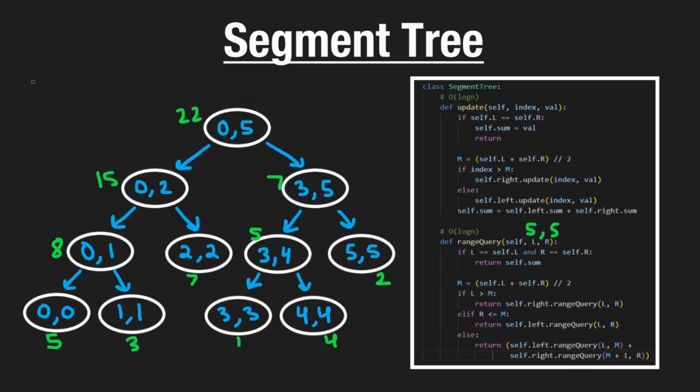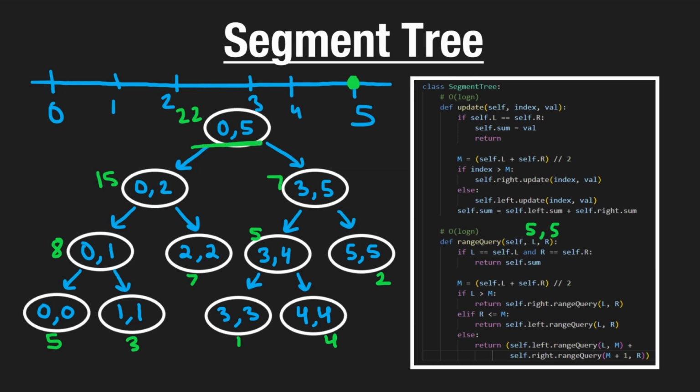Another way to visualize this idea is with a number line, because that's essentially what ranges are in the first place, right? We have a 0, which is for this node. We have a 1, we have a 2, we have a 3, we have a 4, and we have a 5. If we're searching for the range that's just 5 to 5, of course from here, we're going to search in the right subtree.